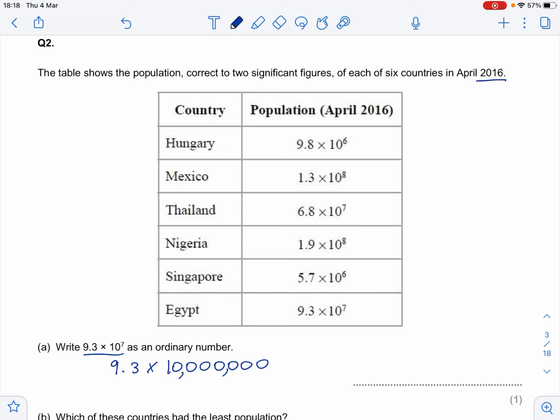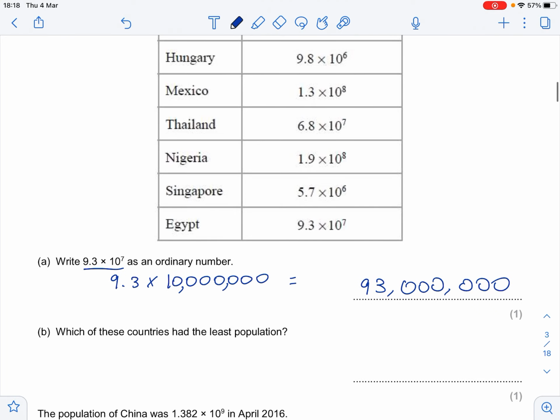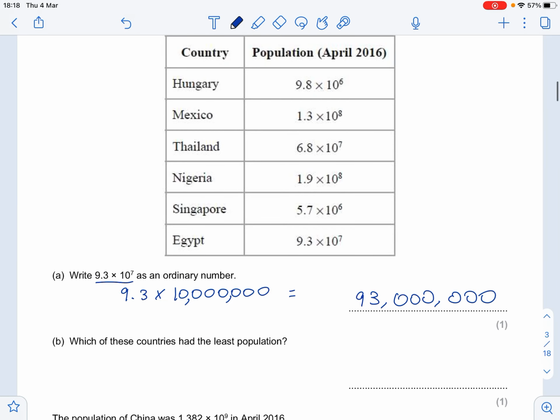So 10 to the power of 7 is the same as 10 million. So type this into your calculator. You should get 93,235,6. So this should be your answer. It gets you 1 mark.